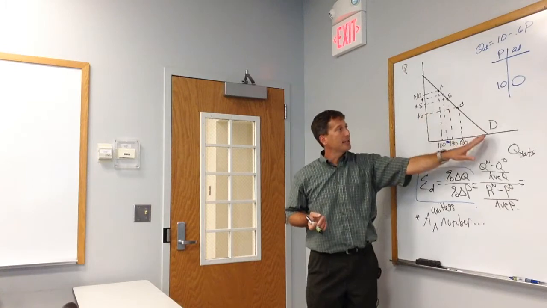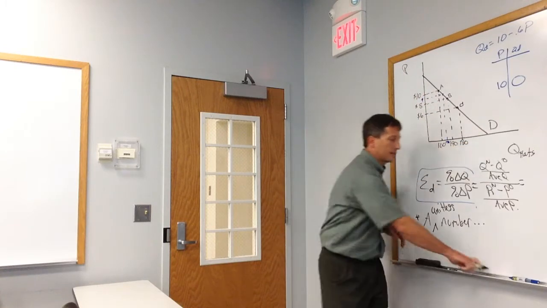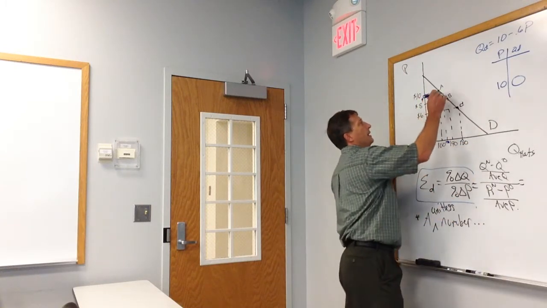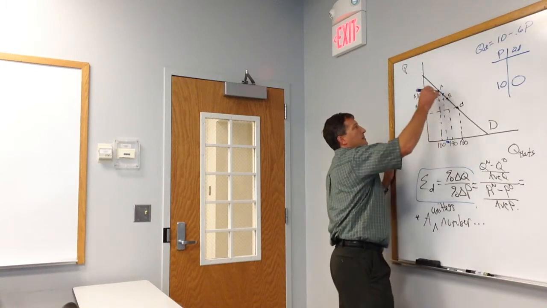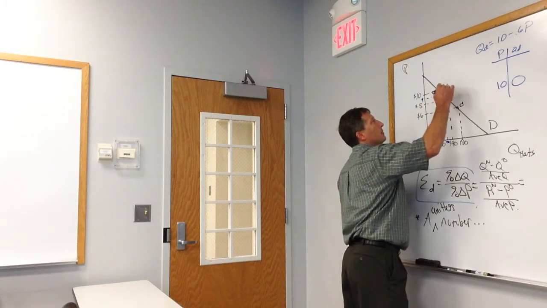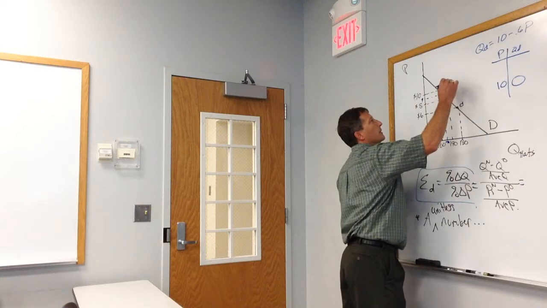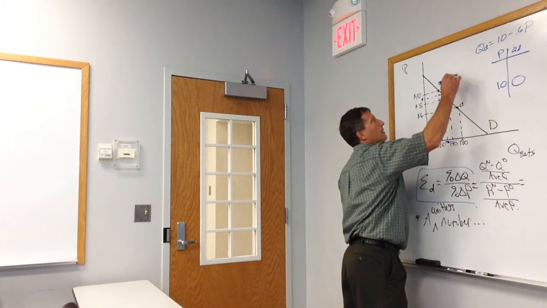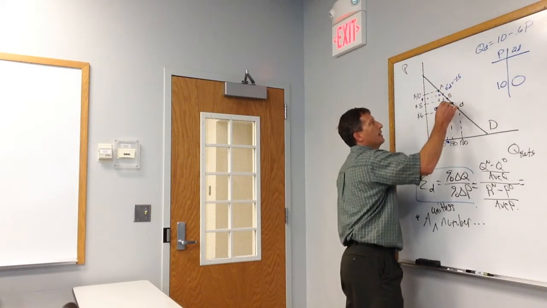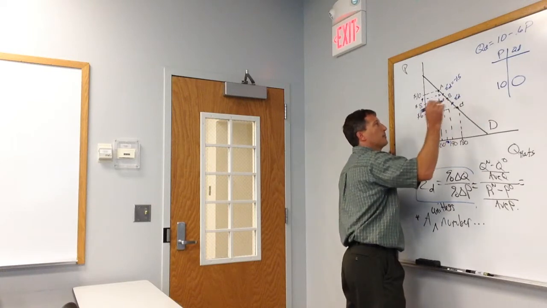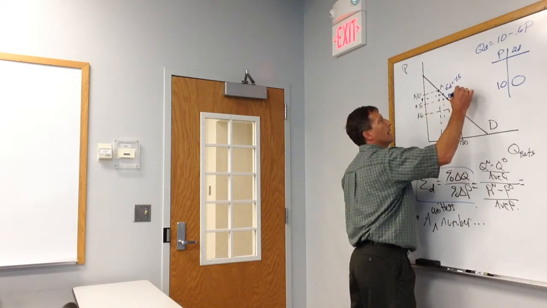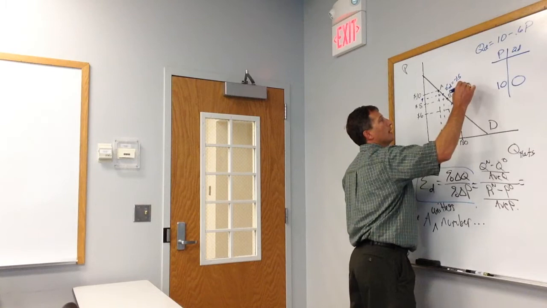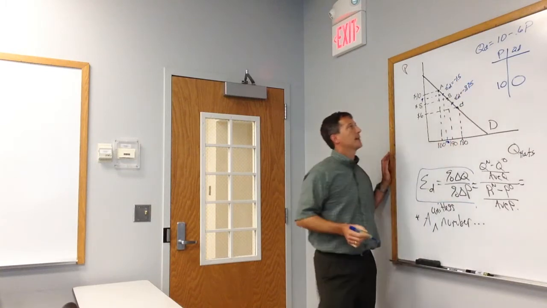So the elasticity of demand varies along this thing. At this middle point, the elasticity of demand was equal to -1.5. And at this point, the elasticity of demand was equal to -0.875.